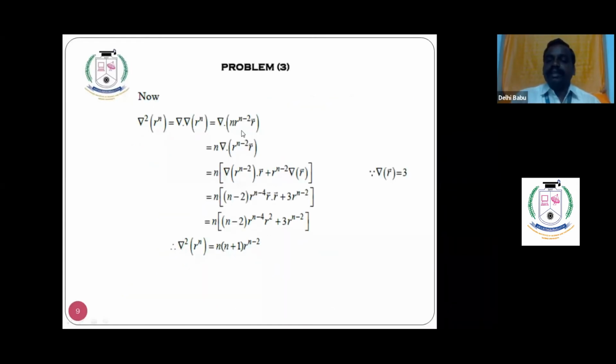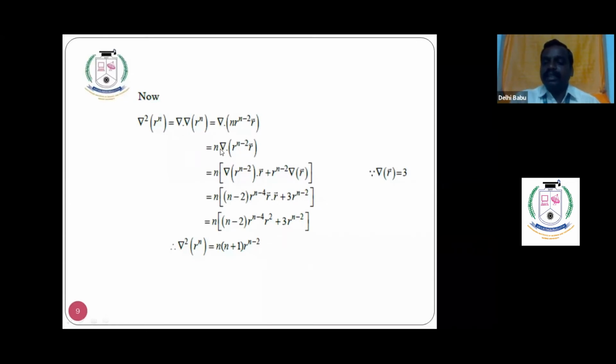So I have written here n is constant, you take out, del dot r^(n-2) into r vector. So the UV rule we can apply for differentiation. What is the UV rule of differentiation? U into V dash plus V into U dash.